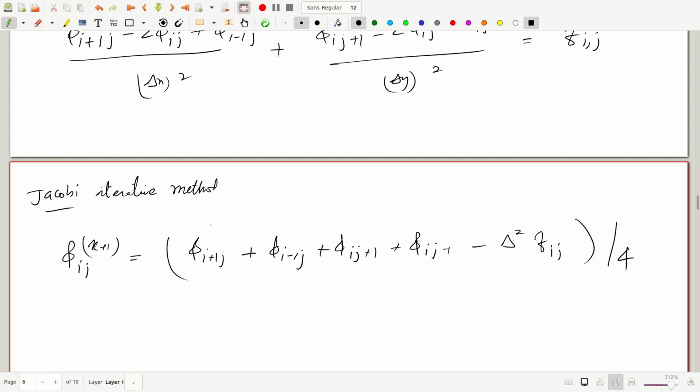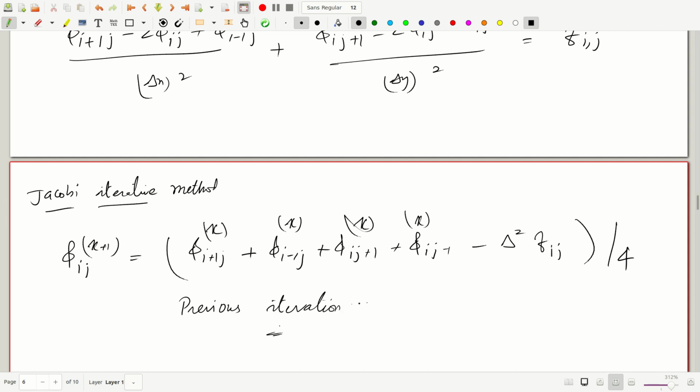Depending on which values of phi this phi ij k plus 1 depends on, we either have a Jacobi method or a Gauss Seidel method. In Jacobi, all of them are at the previous iteration.